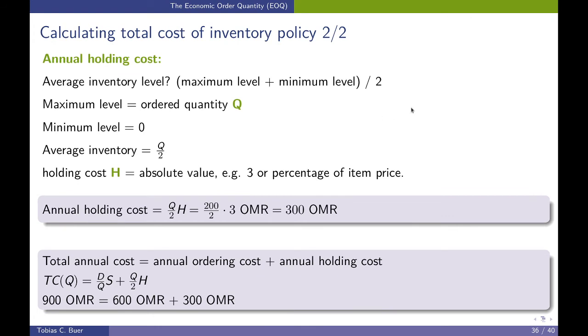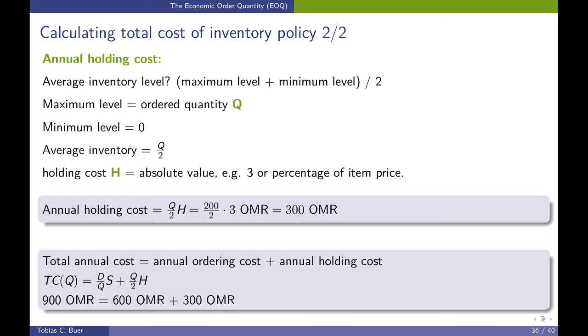Okay, and here for the economic order quantity, the maximum level is equal to the order quantity Q. In the example, the 600 items we have ordered shown in the picture. The minimum level is always 0, and therefore maximum plus minimum, Q plus 0 divided by 2, gives us an average inventory of Q over 2. And then we have the holding costs.